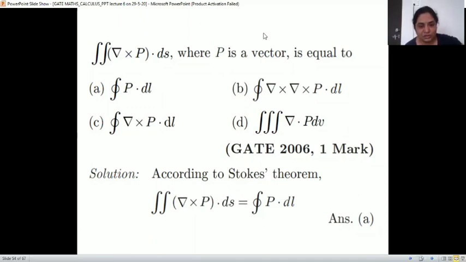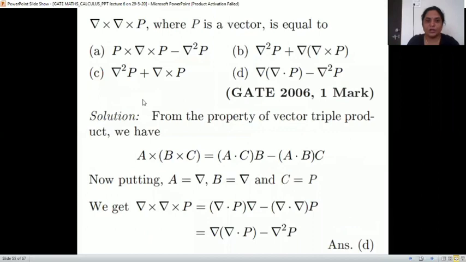Del cross P dot ds bar is equal to the volume integral of P dot, just a vector, V bar dot. Is it so? We have to check Stokes theorem. Okay, this is the Stokes theorem. So del cross P bar dot ds bar double integration is equal to the integration of P dot dl. Just check the Stokes theorem once. Okay, next question.